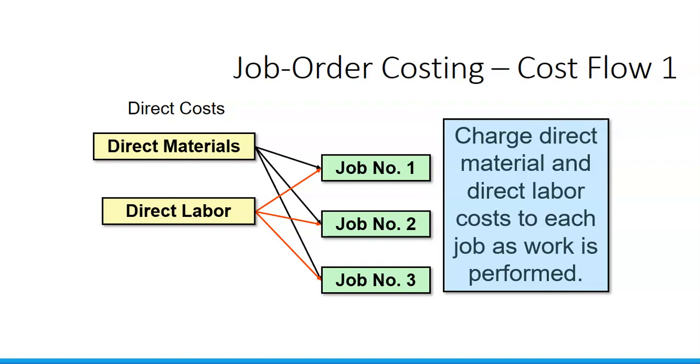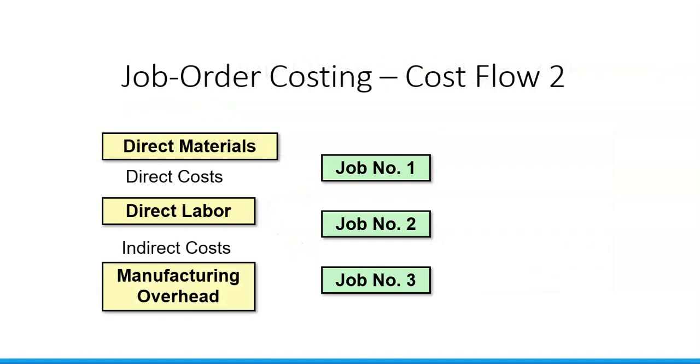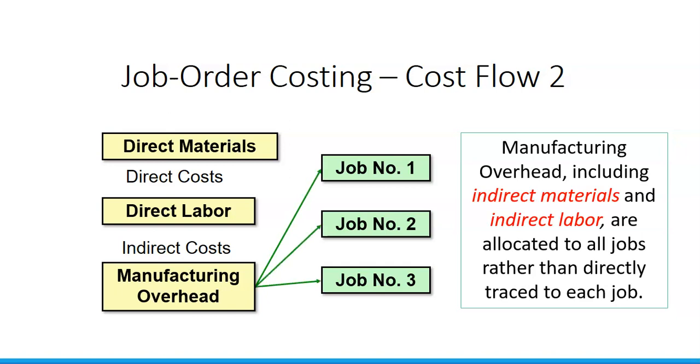How we determine cost flows is we assign direct materials and direct labor to jobs. So we charge the exact amount of direct materials and direct labor that each job is using as it incurs that. We add manufacturing overhead using a manufacturing overhead rate.